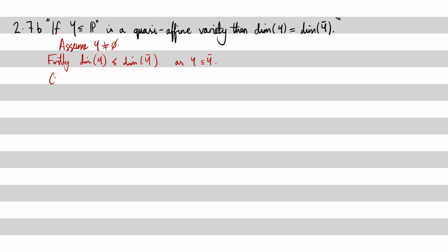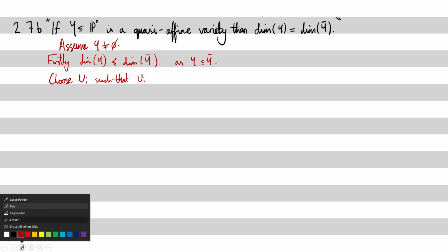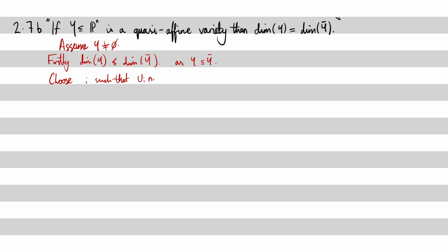Next, we want to choose an i such that U_i intersect Y is non-empty, which implies that U_i intersect its closure is non-empty.